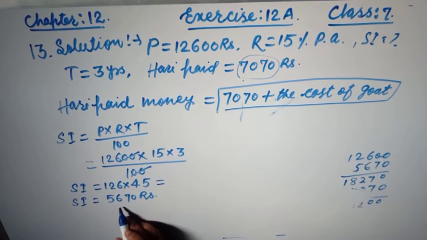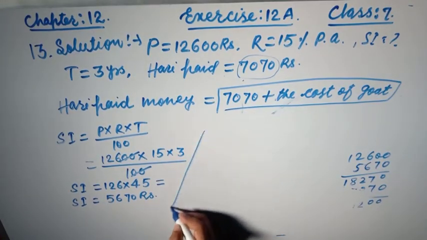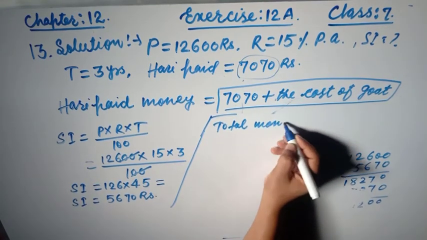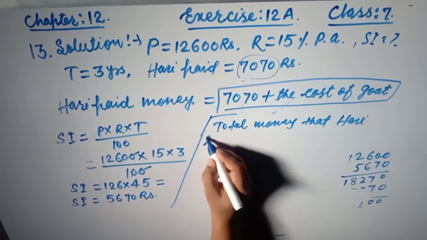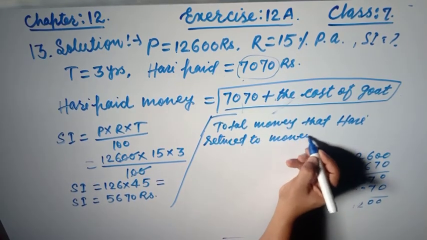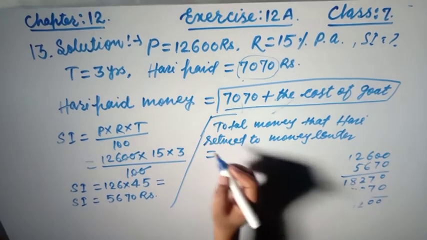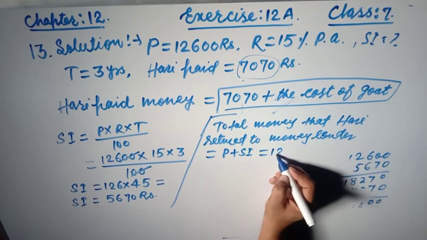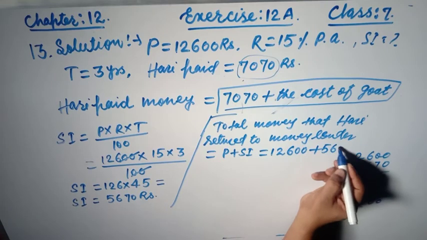Hari had to pay back this money to the money lender as well as this SI. So now the total amount that Hari returned, total money that Hari returned to the money lender. So the money lender gets P plus SI, that is called the amount. Okay, so the P is 12,600 plus 5,670.